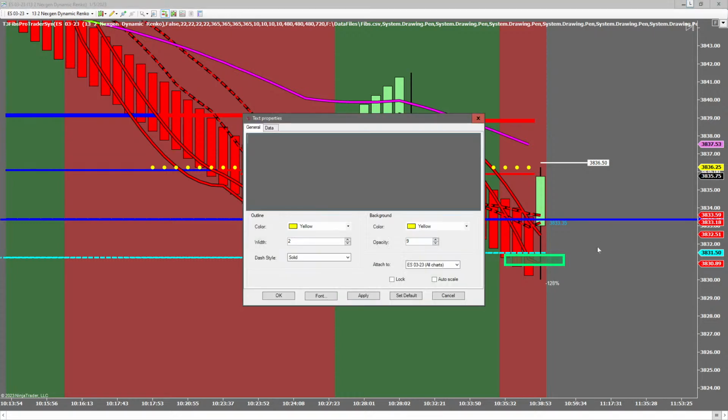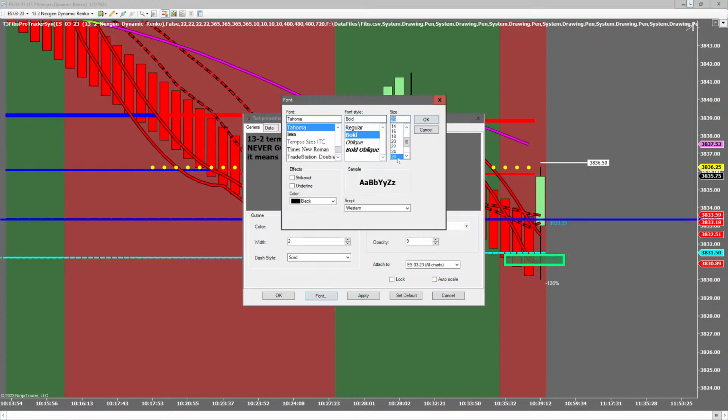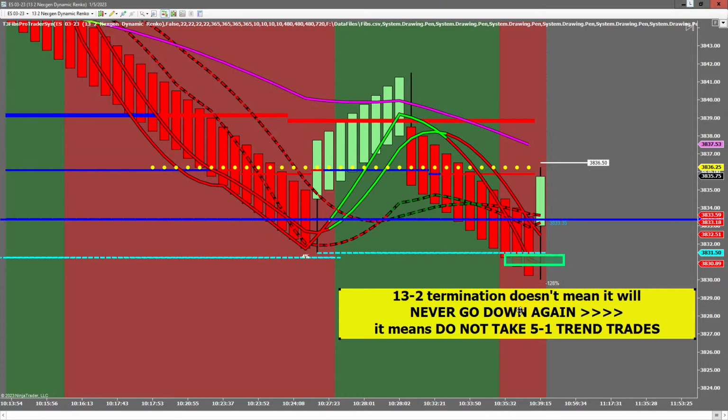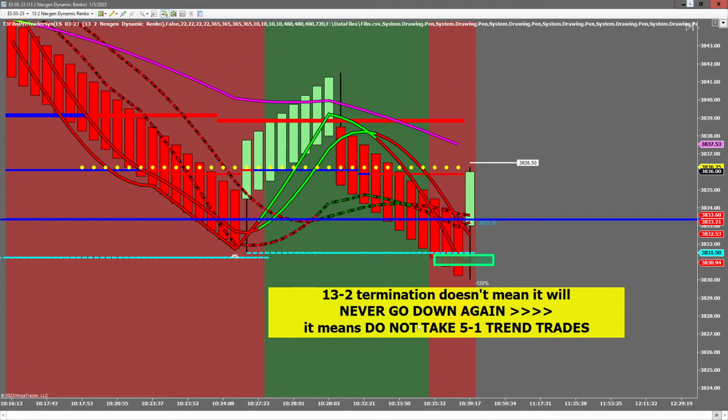A termination condition on a 13-2 chart, I want you guys to take a picture of this, print it out and put it on your desktop: a 13-2 termination means no more 5-1 trend trades. That's all it means.